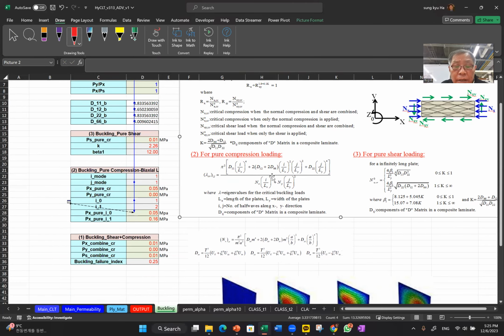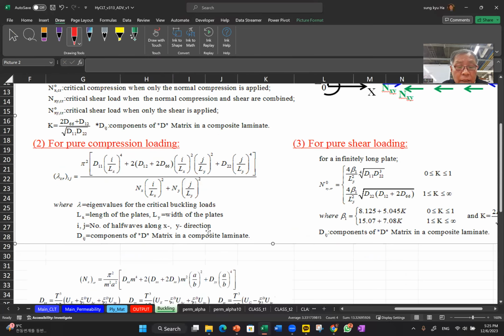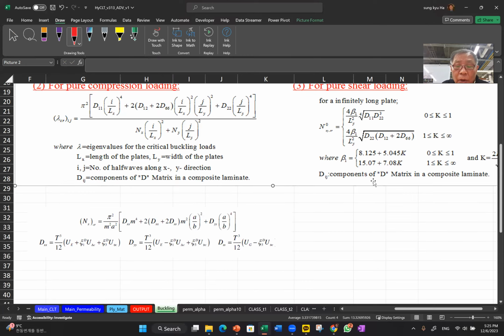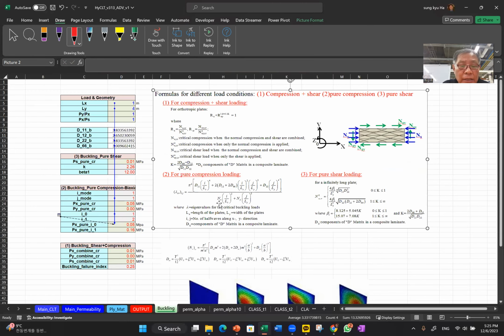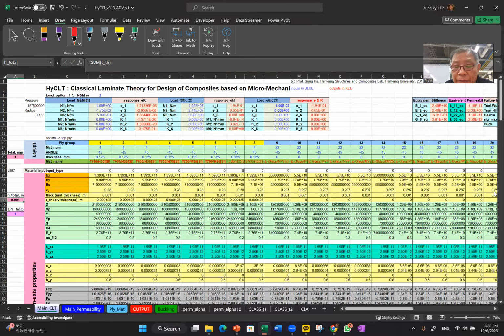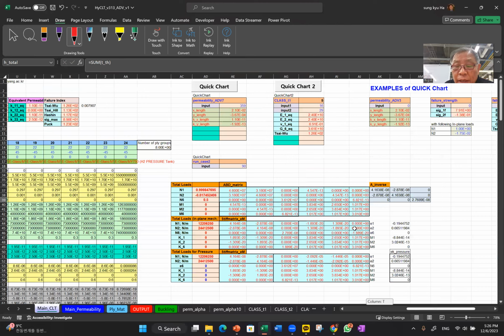As you can see, you need D11, D12, D16, and for the buckling load you need D, right? All you need is the D. That's my point. D will be calculated from the layup sequence.